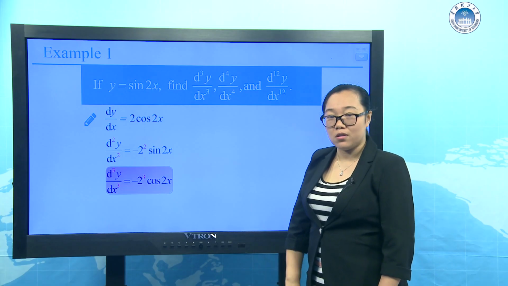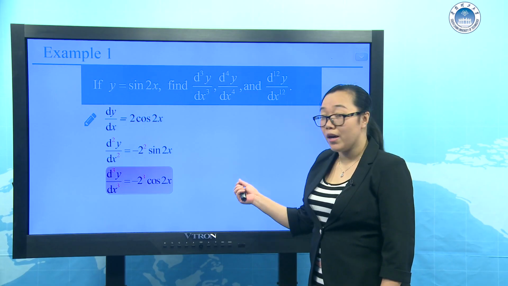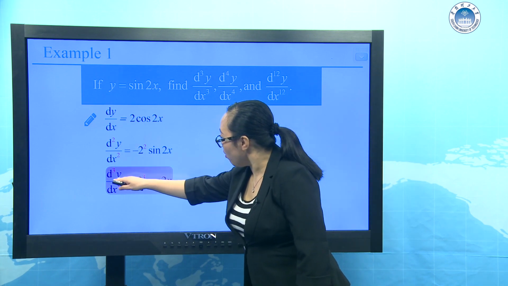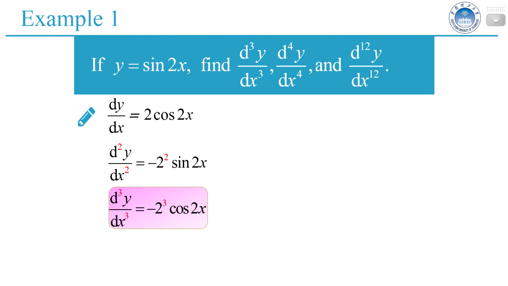Okay? For the third derivative, one more time, we can get d cube y over dx cube, the derivative of sine u is cosine u times u prime, another constant 2, together minus 2 cube times cosine 2x. And then we can get d fourth power y over dx fourth power.